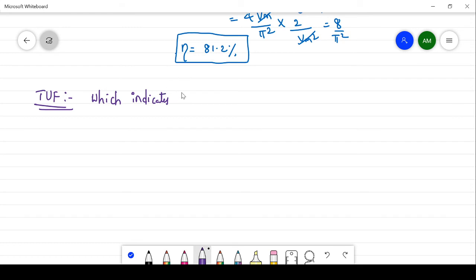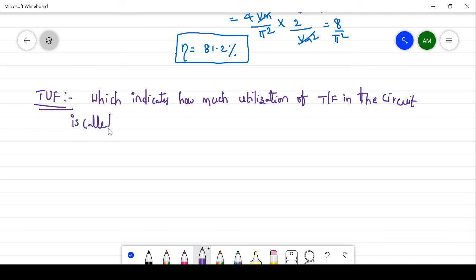That is called the transformer utilization factor.